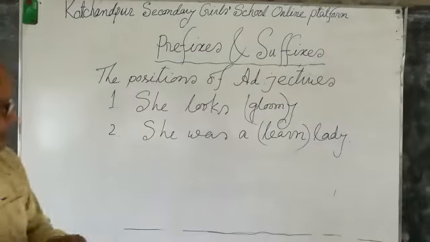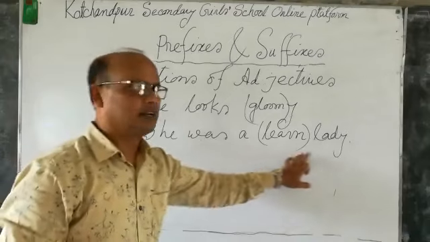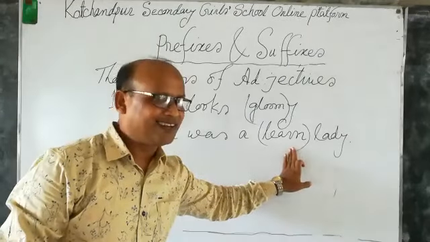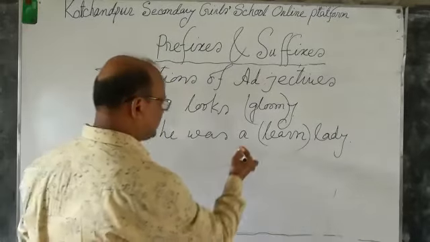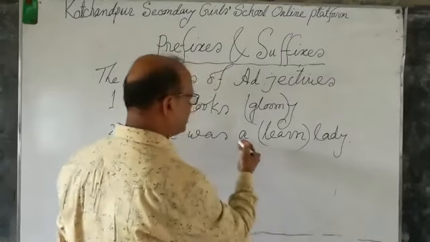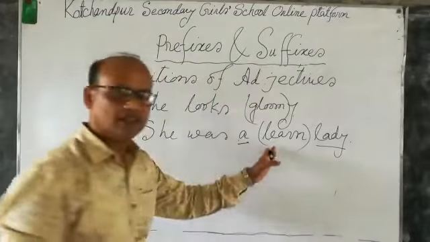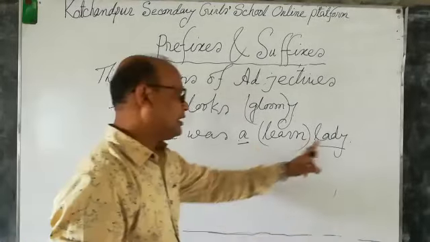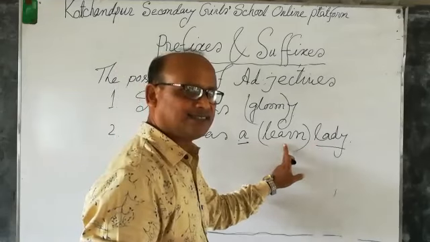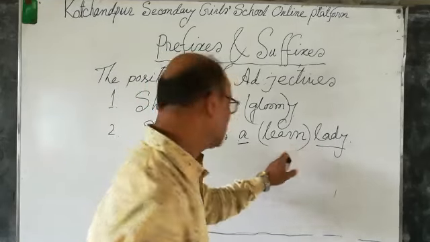She was a learned lady, not learned lady. And why? We know after articles or between article and noun, adjectives are used. Before noun and after articles, adjectives are used.